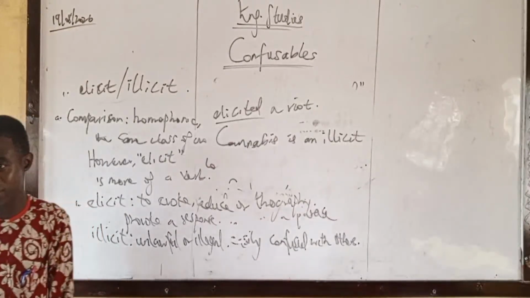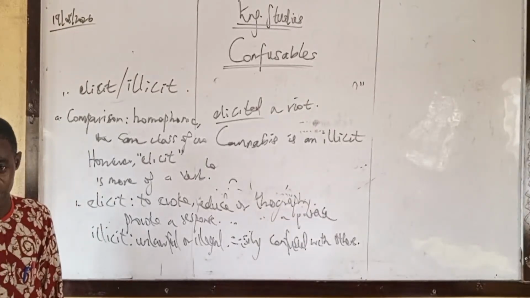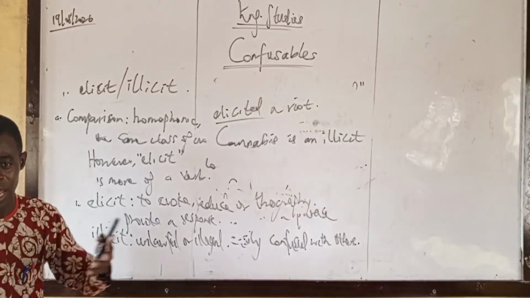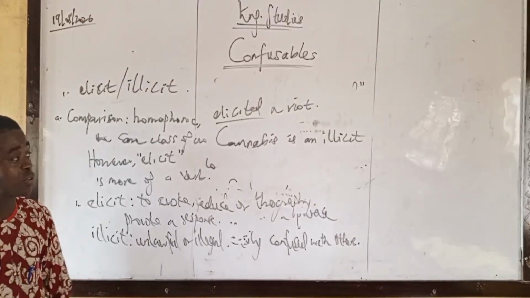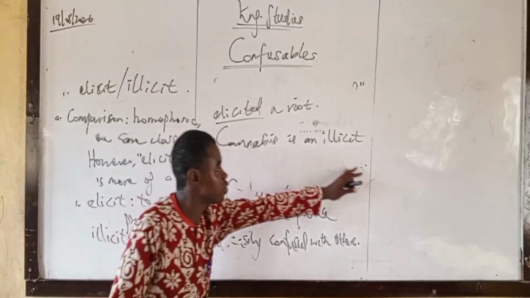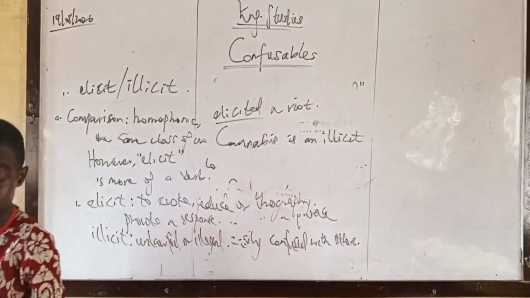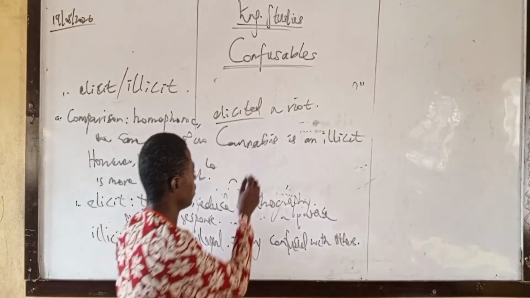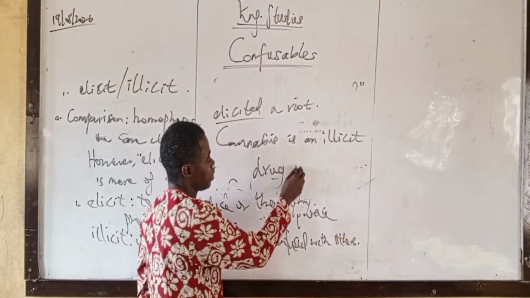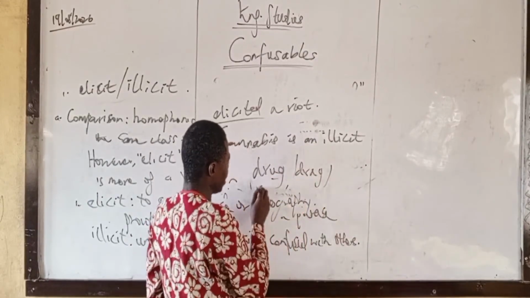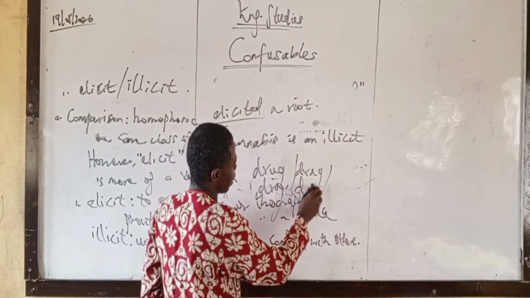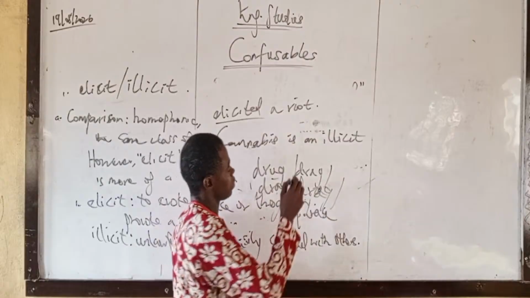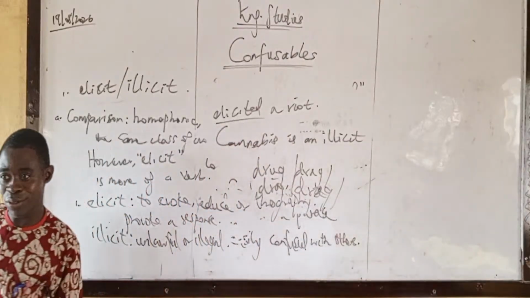It does not sound like drag, D-R-A-G. The U sounds sharp, so note the contrast. Cannabis is an illicit drug in Nigeria. That is that. Drug is spelled D-R-U-G, not D-R-A-G.